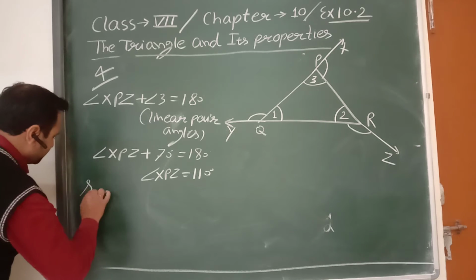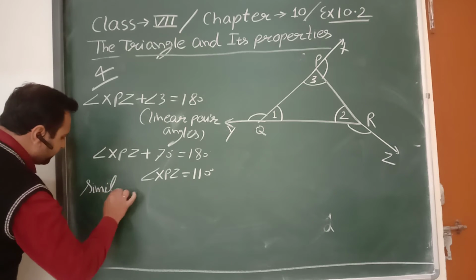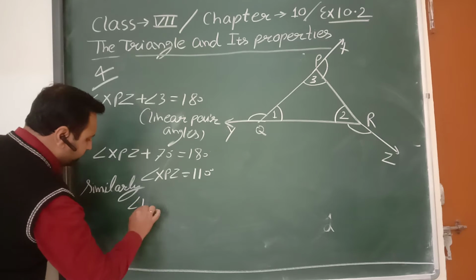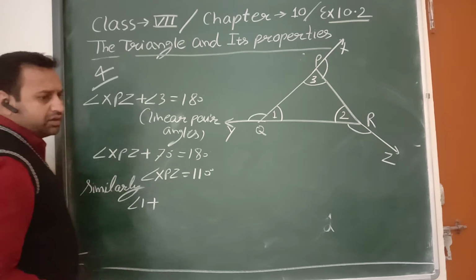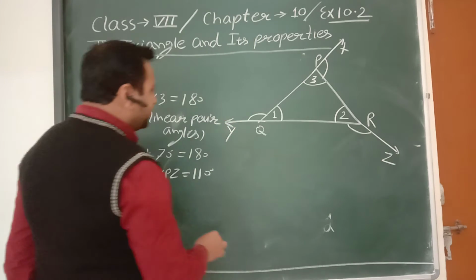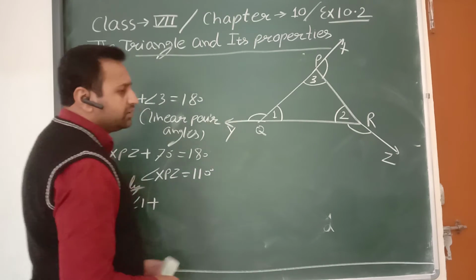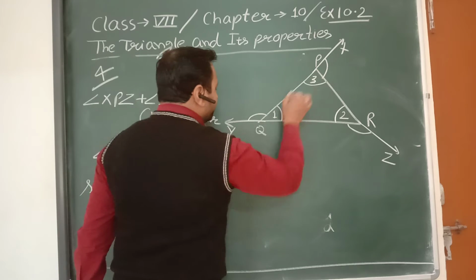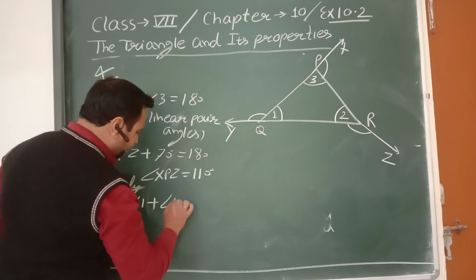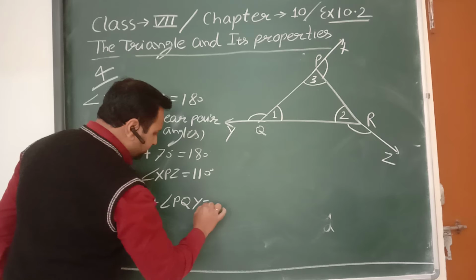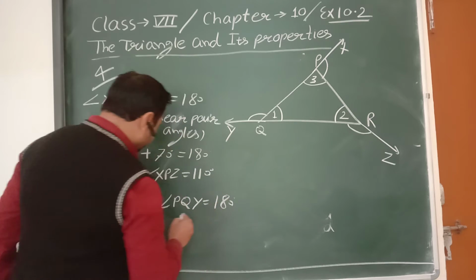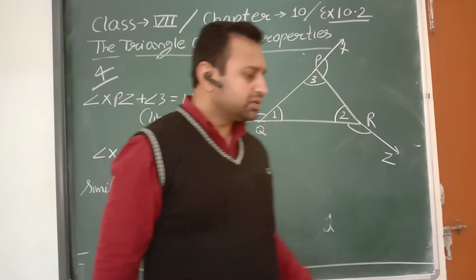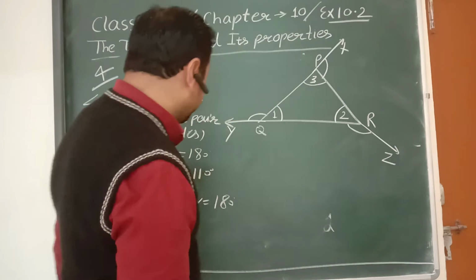It means similarly, angle 1 plus angle PQY is equal to 180 degrees. Angle 1, its value is given as 35 degrees.